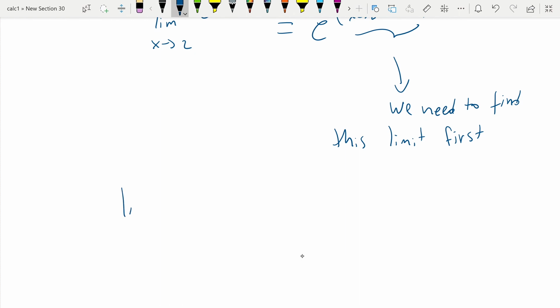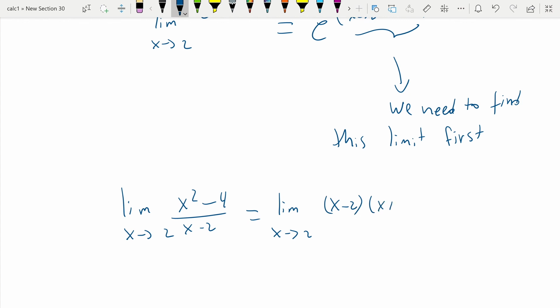So what is this limit? The limit as x approaches 2 of x squared minus 4 divided by x minus 2. Here we can simply factor the numerator. We can write it as x minus 2 times x plus 2, and we're dividing by x minus 2.